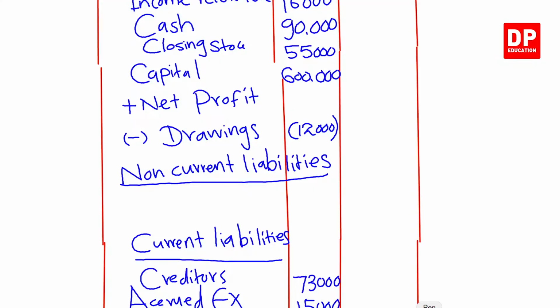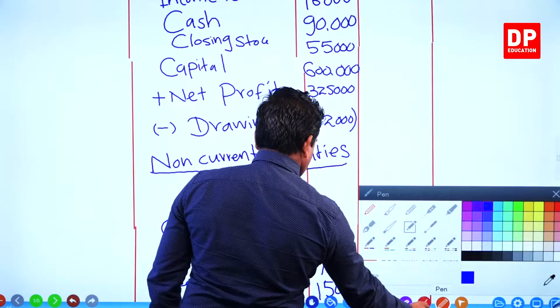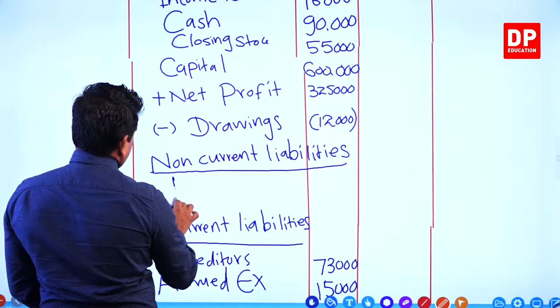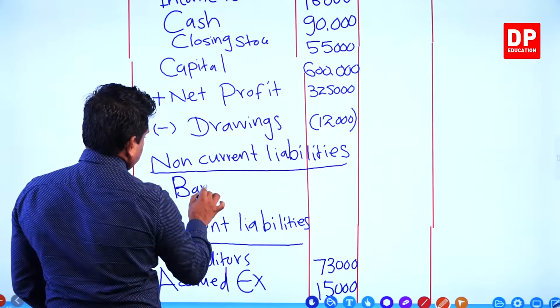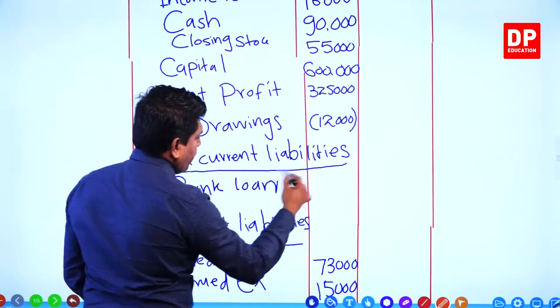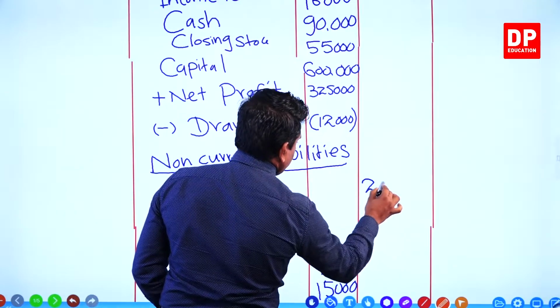Then bank loan was given how much? 200,000. Bank loan 200,000. Only one item now, so you can put it to the corner.